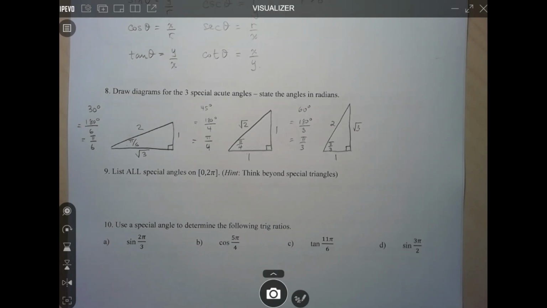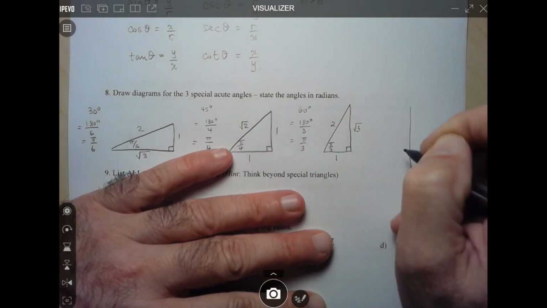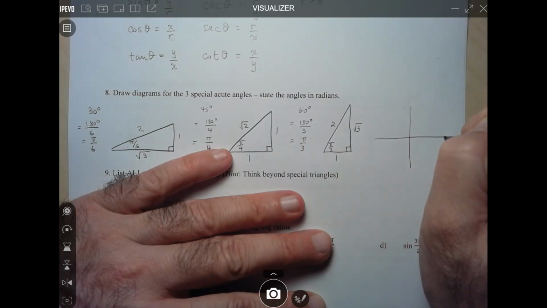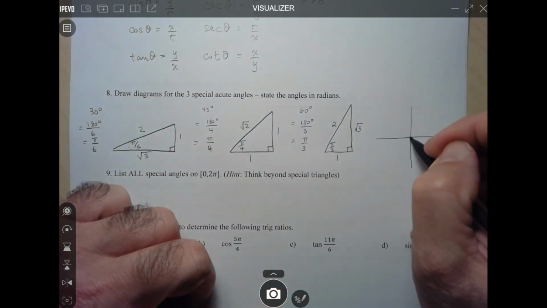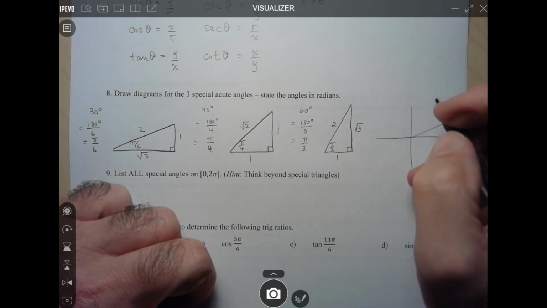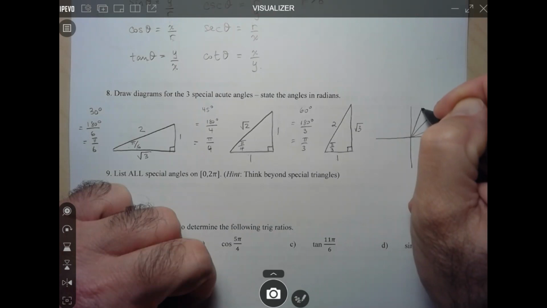Okay, so here are my special triangles, but as you would have seen last year, you can use these special triangles not just in the first quadrant. So definitely we have pi over 6, pi over 4, pi over 3.